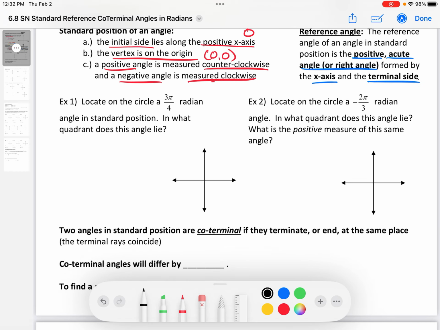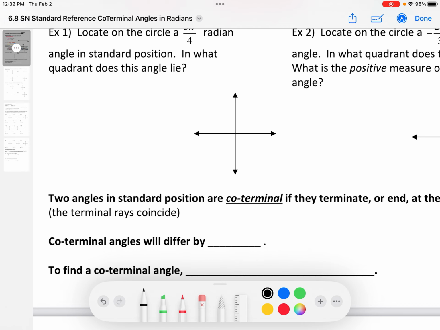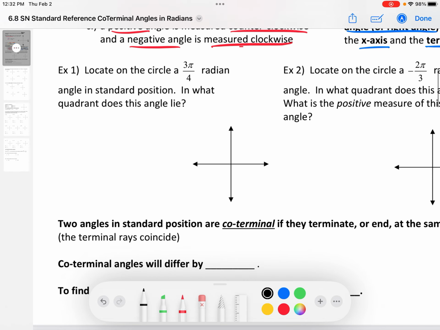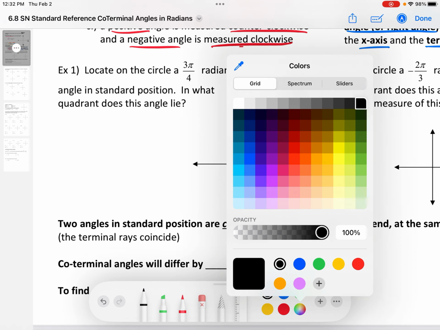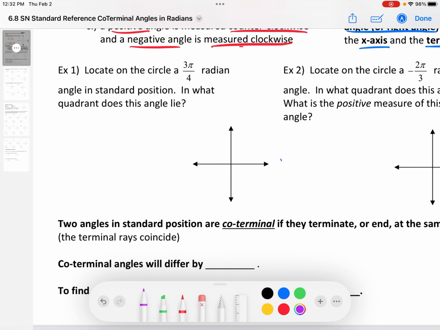Okay, so let's look at example 1. And we want to locate 3 pi over 4 in radians. So here's what I do in radians. Start on the right with 0. That won't change. The left is pi. Now, our denominator in this fraction is 4.